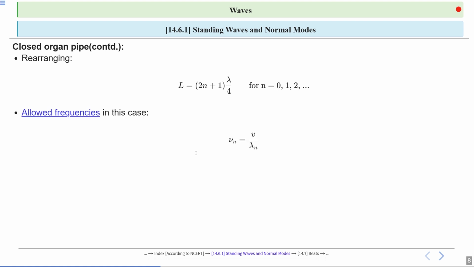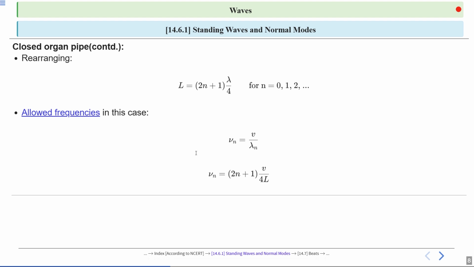The formula nu n equal to v divided by lambda n shows the relationship between the frequency nu n of a wave, its speed v and its wavelength lambda n. This formula nu n equal to (2n plus 1) into v divided by 4L calculates the frequency of the nth harmonic.